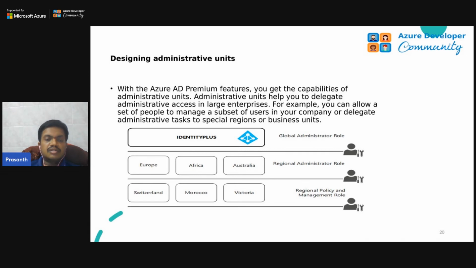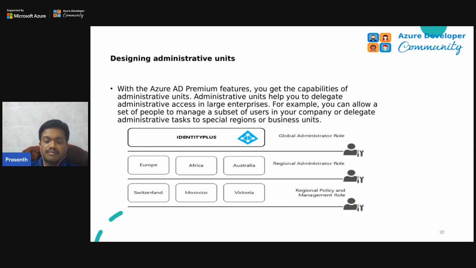Now, designing the administrative units. With the Azure Active Directory Premium feature, you get the capability of administrative units. Administrative units help you to delegate administrative access in large enterprises. For example, you can allow a set of people to manage a subset of users in your company, or delegate administrative tasks to special regions or business units.